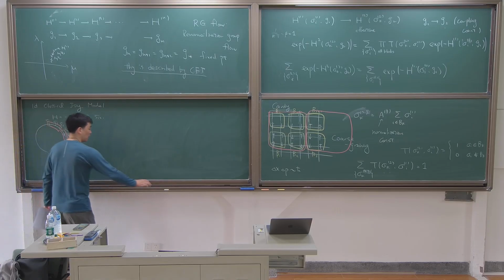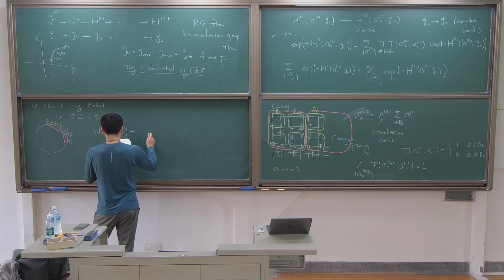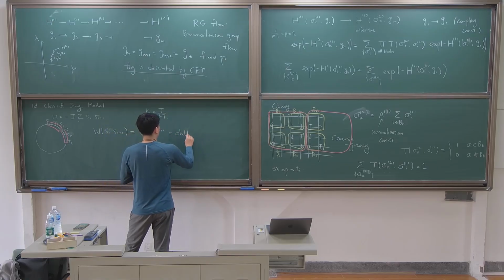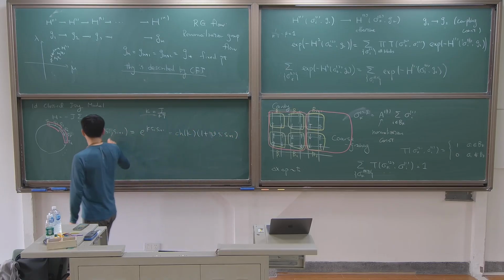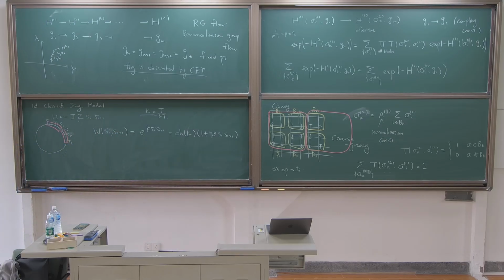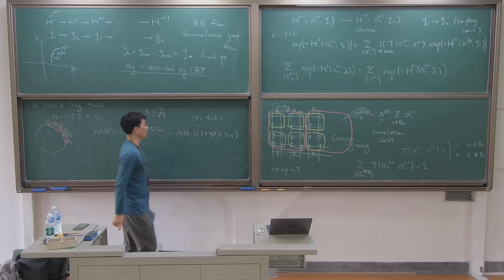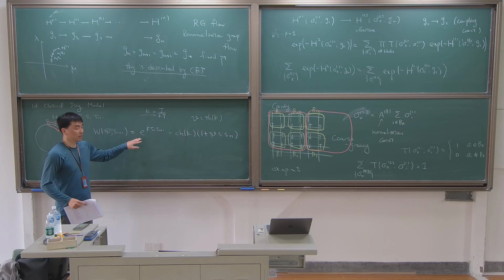To do that, we recall that the Boltzmann weight of this one is equal to e to the K, where K is equal to J times K, where B is equal to tanh K. This is just the manipulation we already saw for the spin configuration of the model.